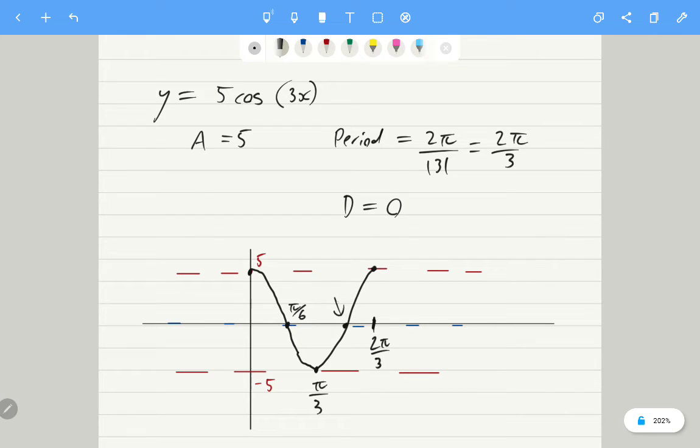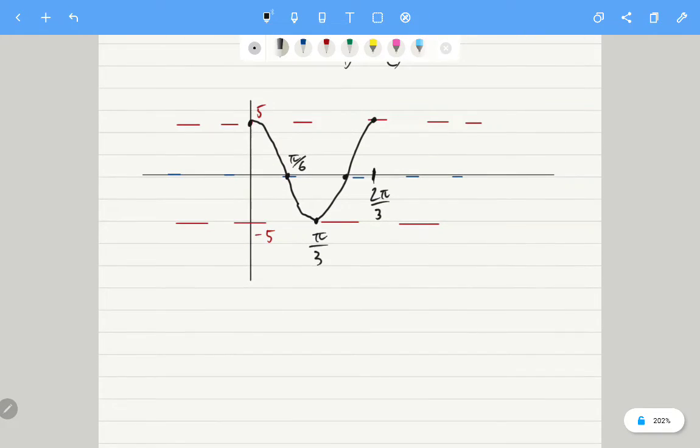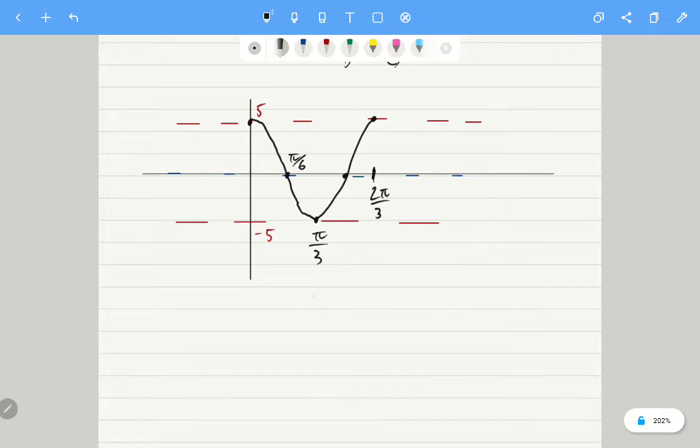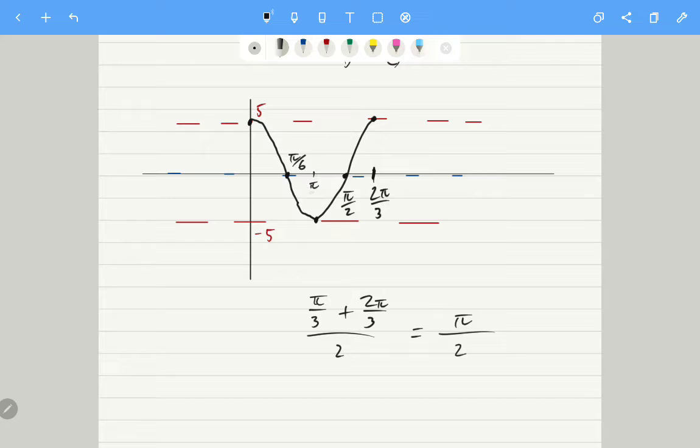When does this one happen? So it's going to be halfway between pi on 3 and 2 pi on 3. So pi on 3 plus 2 pi on 3 divided by 2. 3 pi on 3 on 2. The 3's cancel, so we're left with pi on 2. And that's exactly where it happens. Oh, sorry, pi on 3.